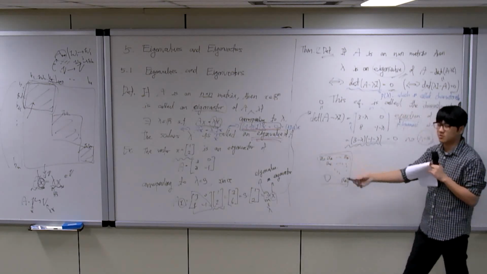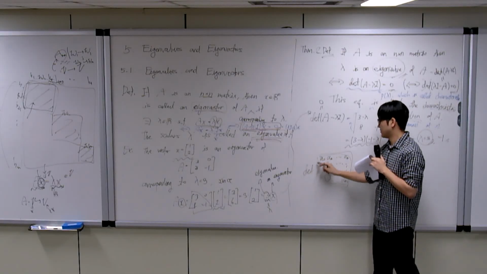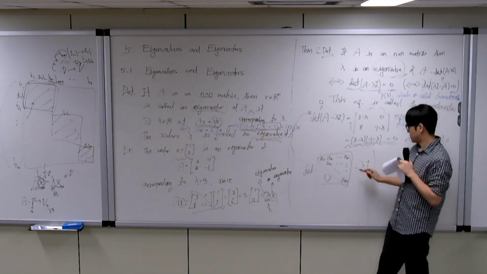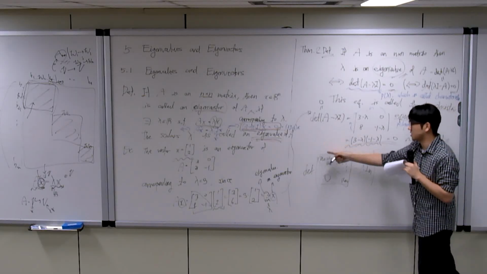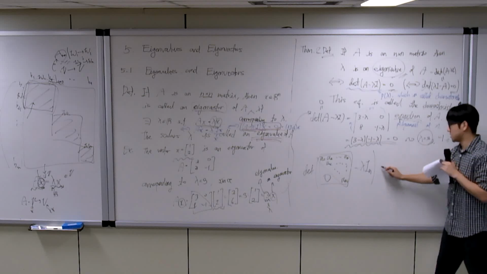If you calculate the determinant of the matrix minus lambda I, it would be the multiplication of the main diagonal elements.